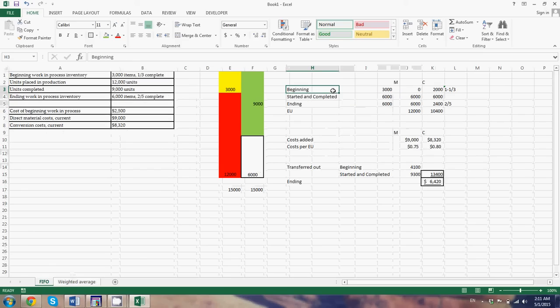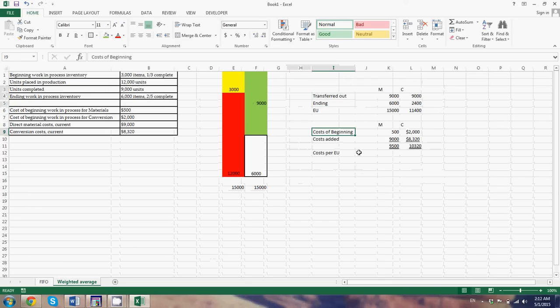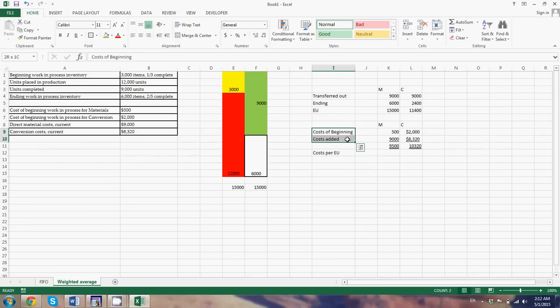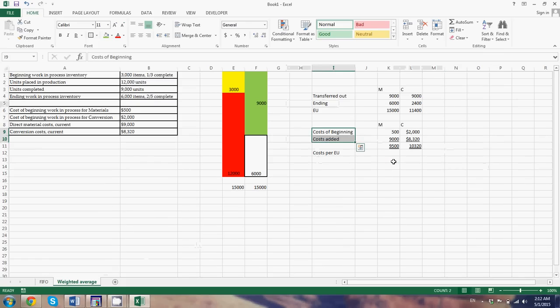For FIFO, we need to deal with 3 accounts: beginning, started and completed, and endings. The second difference comes from the total cost we use to get the cost per EU. I'm sorry, for the weighted average, we need to include the cost of beginnings and cost added. For FIFO, we just need to use the cost added. That's the second difference.